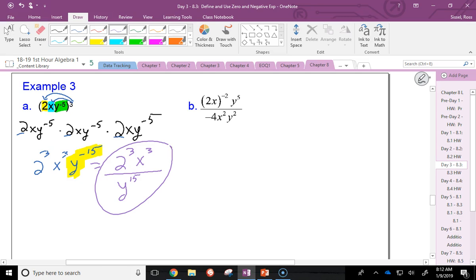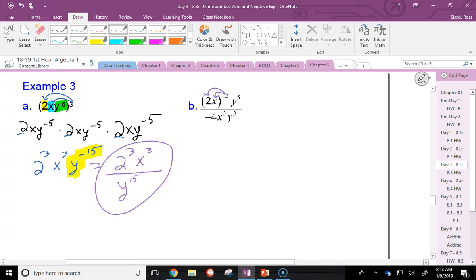Okay, last one. On this one, I have 2 times x. So is this negative 2 exponent going to go to both the 2 and the x? When I do this one, am I going to distribute this? Am I going to put this into both of these?